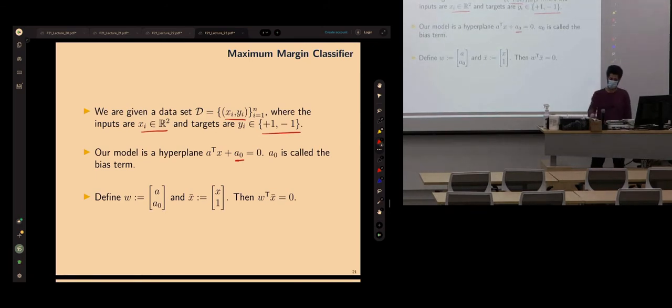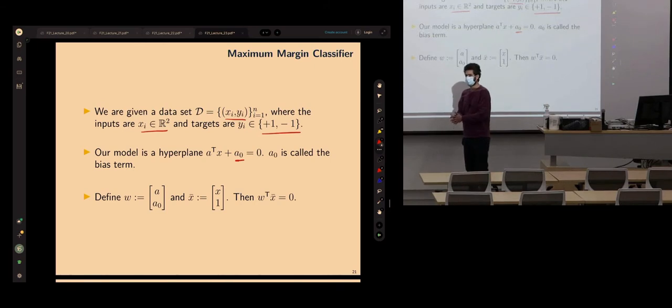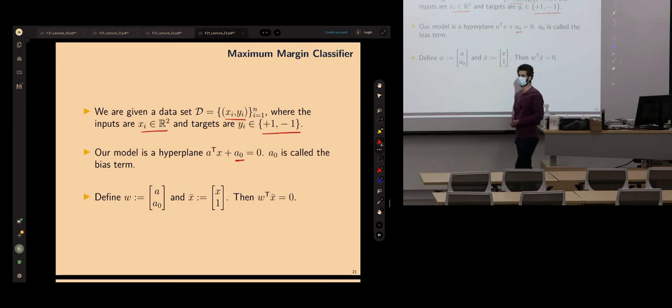Now, notice that we made an assumption that the model that correctly classifies these two categories is a hyperplane. It's a line here, right? So you might ask, how do you know it's a line? We don't know, right? In reality, you wouldn't know.